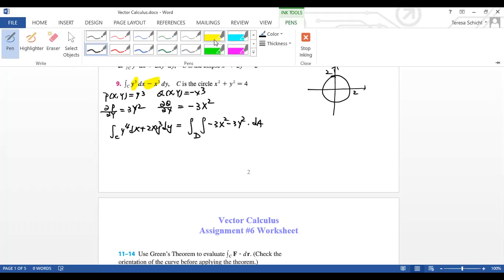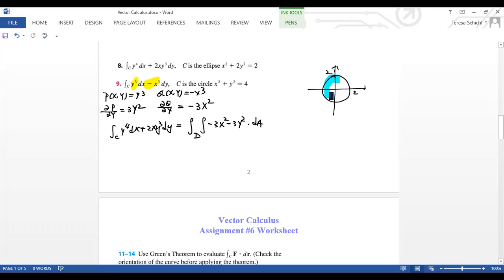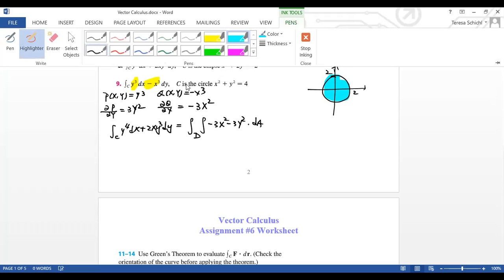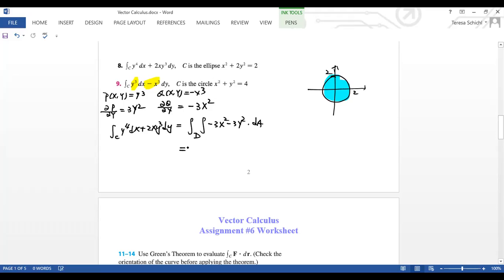Okay, so now let's take a look. That means it's inside this circle area. So what you can do is take the 3 out, so this will be the double integral over D of x squared plus y squared, correct? Okay, now the dA.